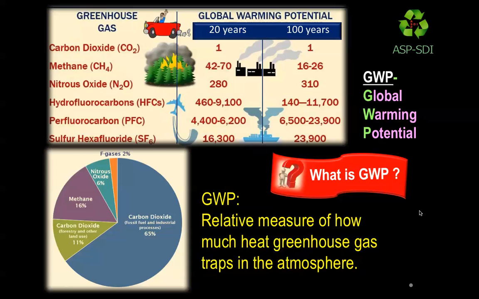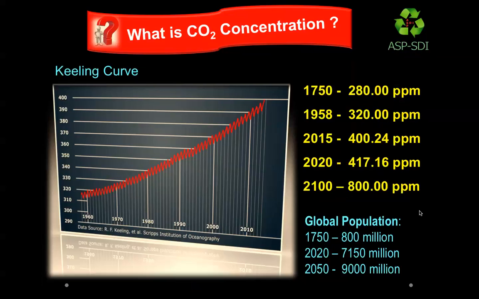Next we will go to what exactly carbon dioxide concentration is. Carbon dioxide concentration is the measurement of carbon dioxide in terms of ppm, parts per million. In 1750, when James Watt put the steam engine and the industrial revolution started, carbon dioxide concentration was 280 ppm.